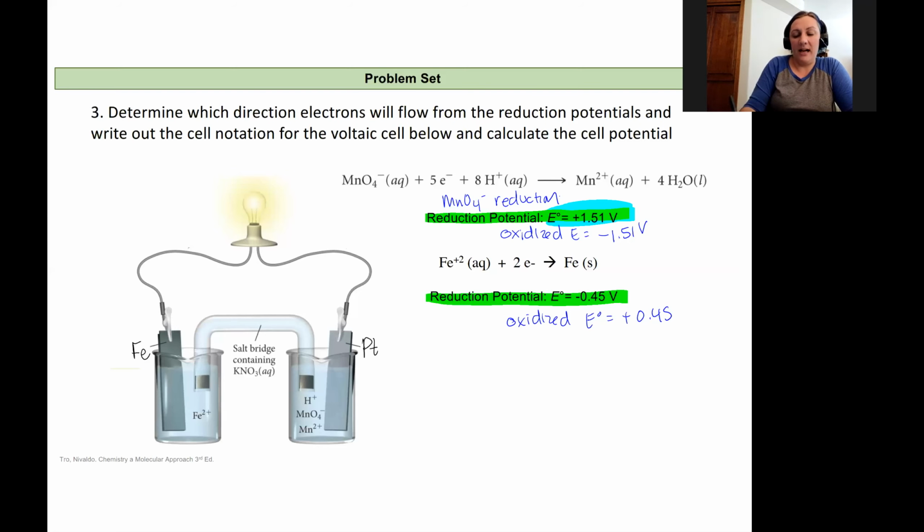That means my iron is going to be oxidized. So remember, oxidation happens at the anode. That makes the left-hand side of my voltaic cell that's drawn out my anode. And the right-hand side of my voltaic cell is going to be where the cathode is and where my reduction takes place.